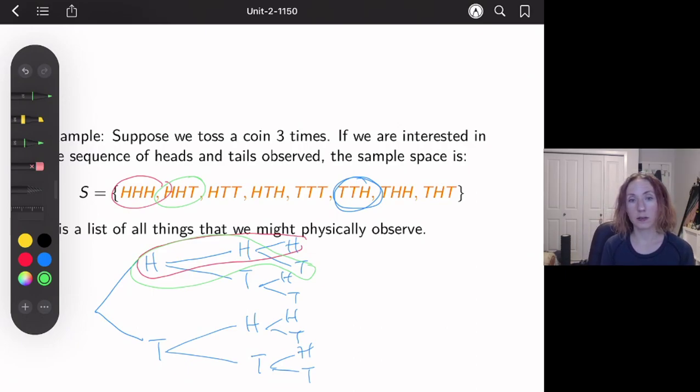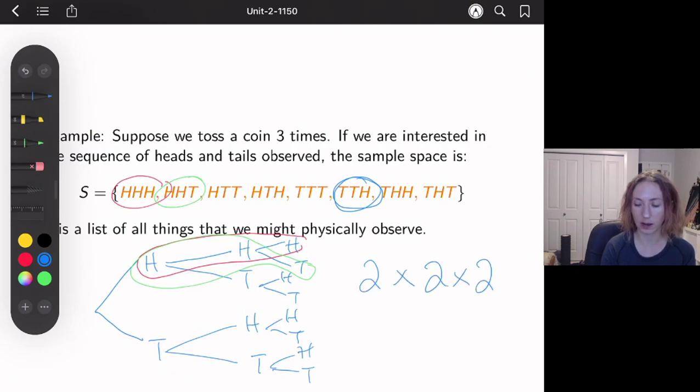You'll notice that because we always have the same options at each of our choices, this creates a way that we can easily count how many things we should have had. I had 3 actions with 2 choices each. So for each action, I had 2 choices. So 2 times 2 times 2 is a total of 8.